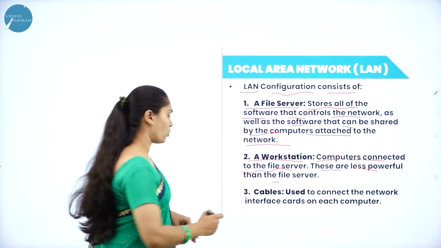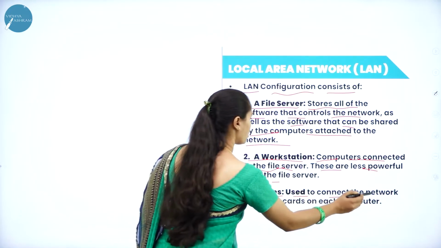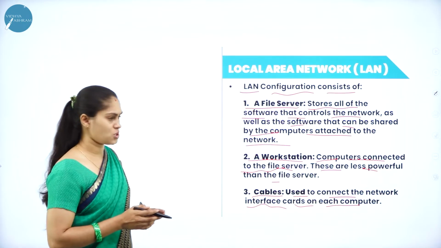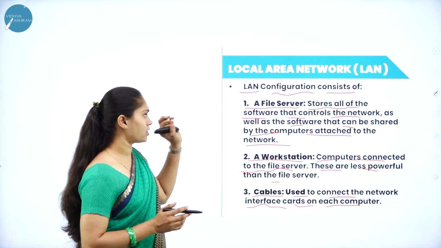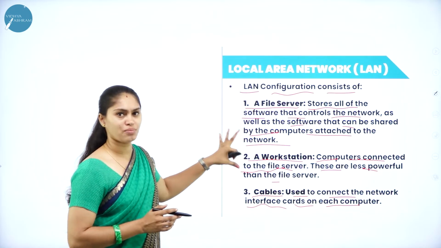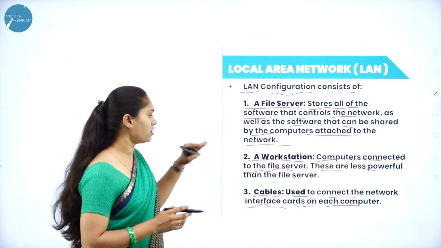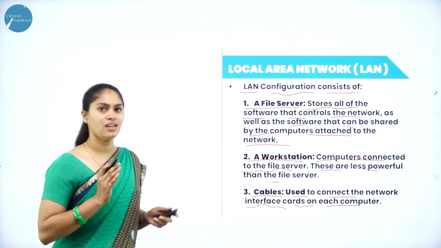Workstations. And we also require cables, which are used to connect to the network interface cards on each computer. These are the components required to configure a LAN: the file server, workstation as well as the cable.